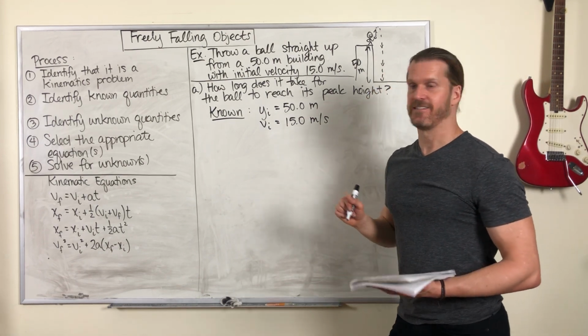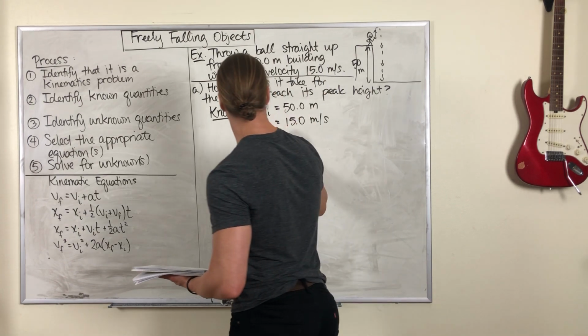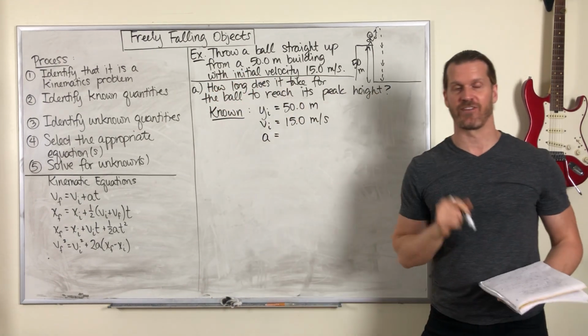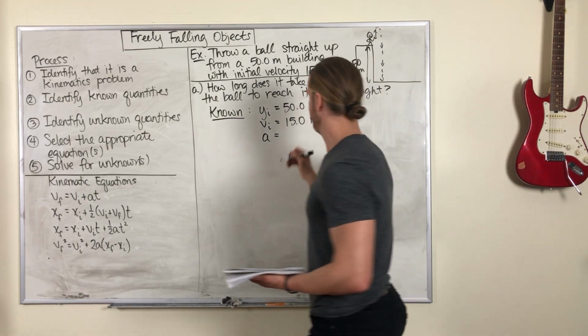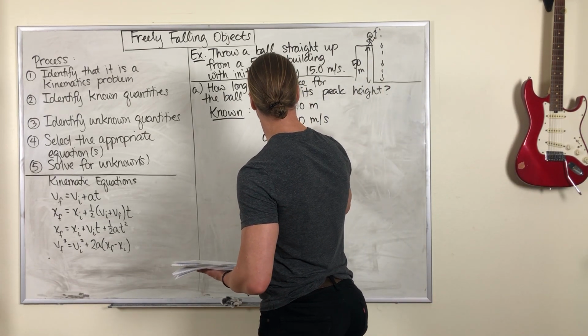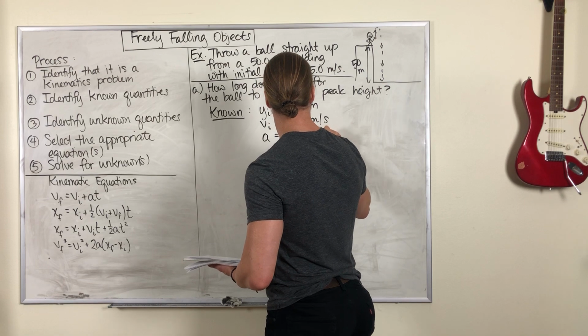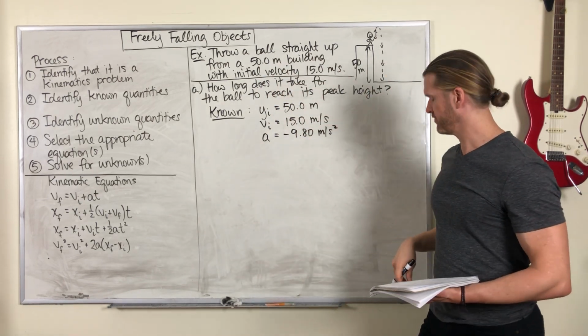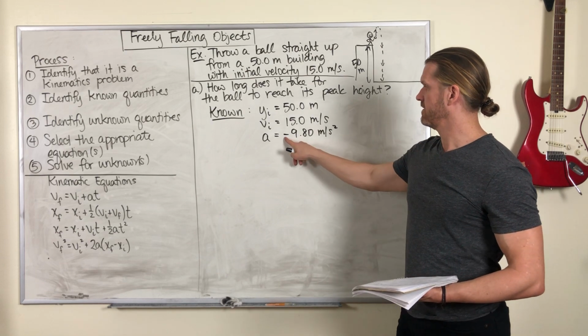What's not stated, but which is always true on the Earth's surface, is that the acceleration due to gravity is 9.8 meters per second squared, pointing downward. That means down.